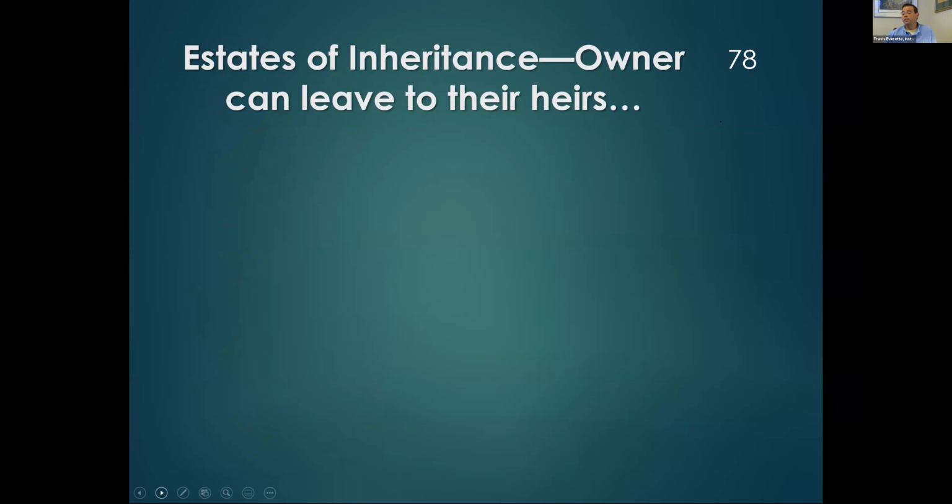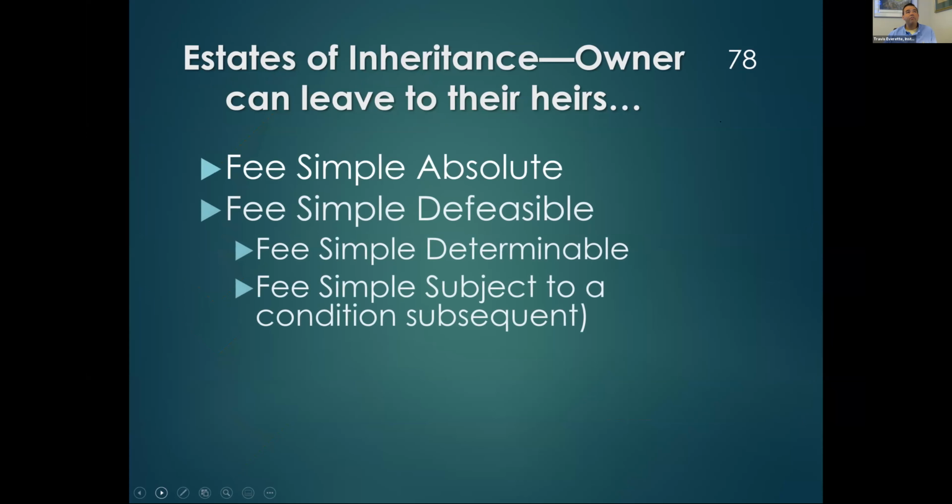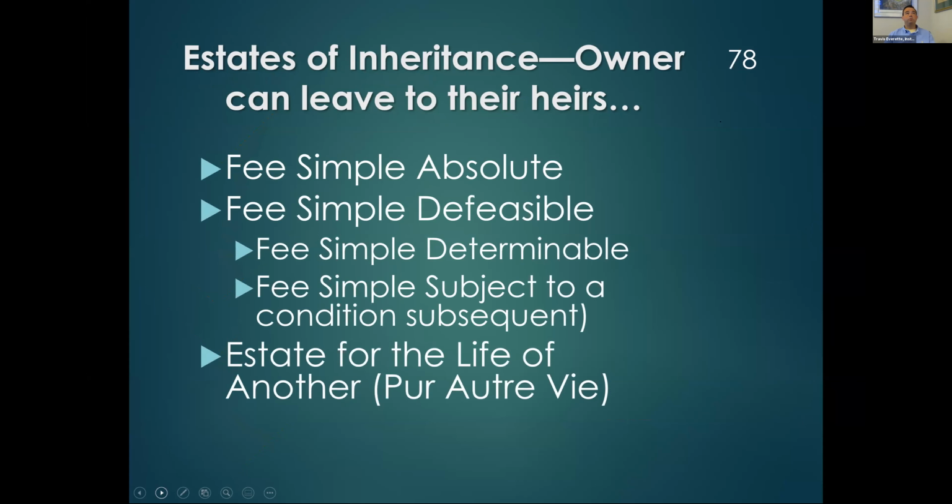Those are much easier. As far as inheritance goes, every type of ownership, this is going to be a test question, by the way, in some format. Every type of ownership, and we've done a lot of them, every freehold interest can be inherited, meaning the owner can leave it to their heirs. How many of them? All of them, right?